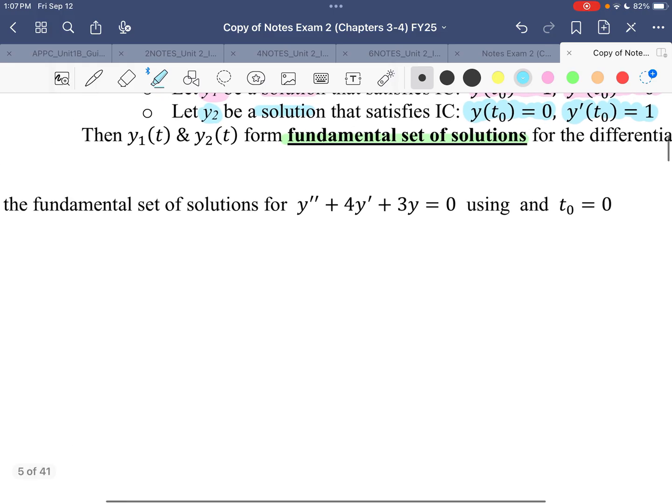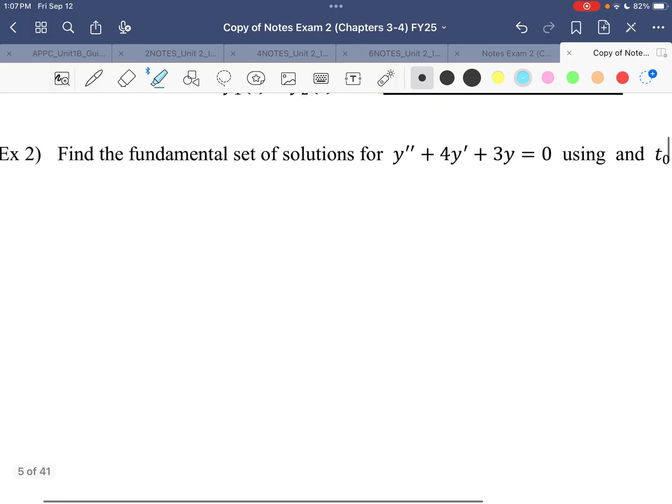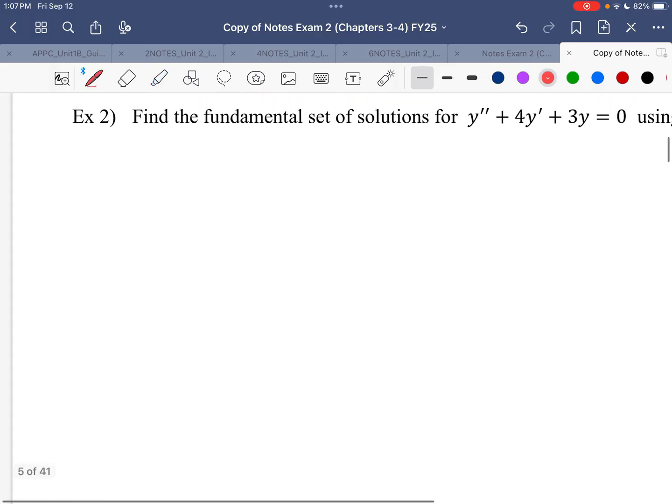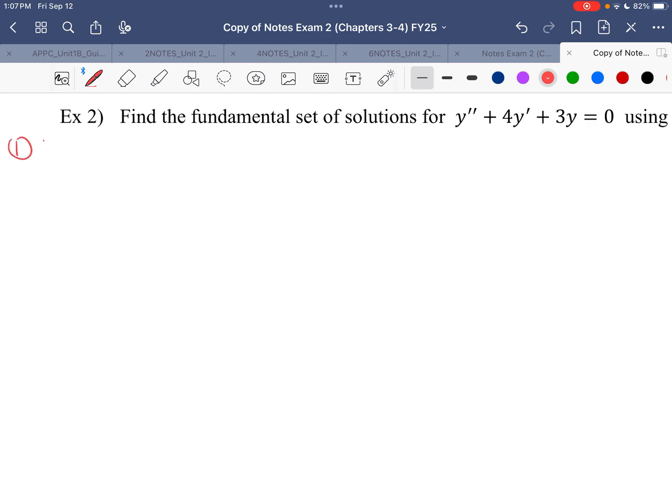Okay, first we want to solve the second order linear differential equation. So we're going to do our characteristic equation and factor.